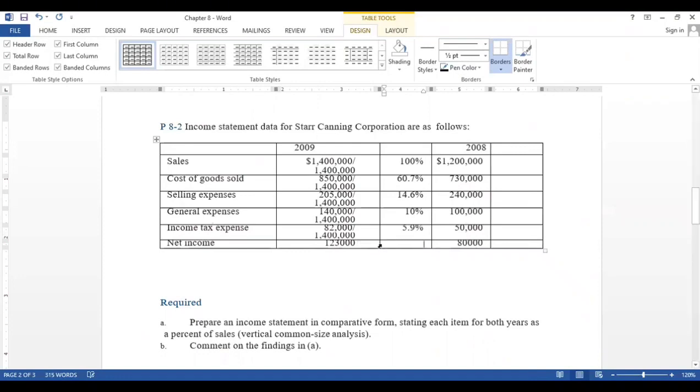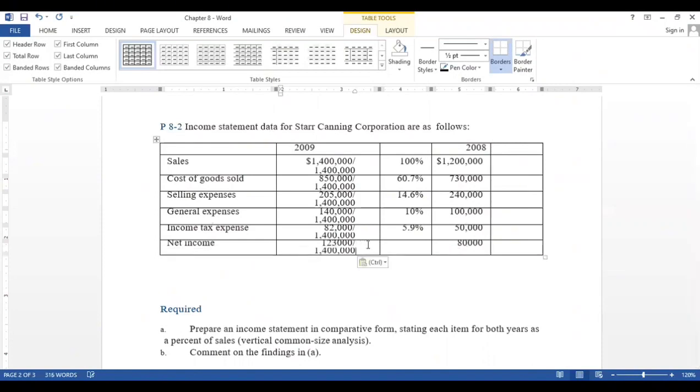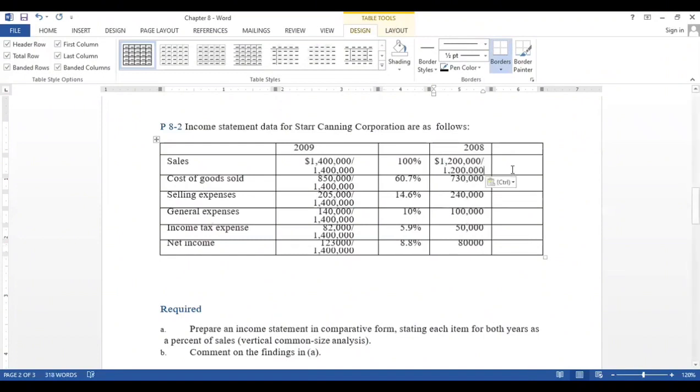At the end we have the net income 1,23,000 divided by net sales, and we get 8.8%. We do the same process for 2008, net sales divided by net sales of 2008.